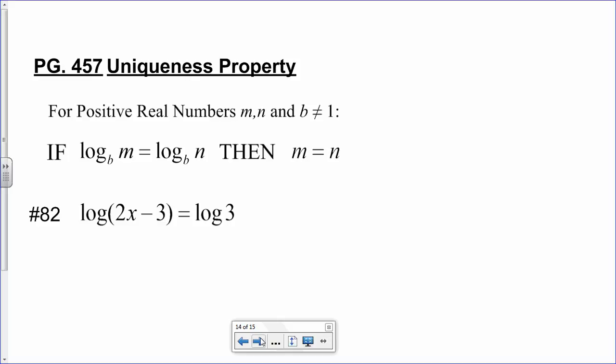The trick of knowing when to use it is you have to have single terms. So it has to be log base b and log base b, nothing else. And they have to be the same base.